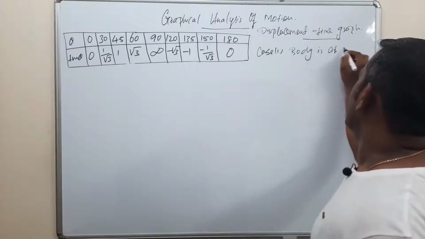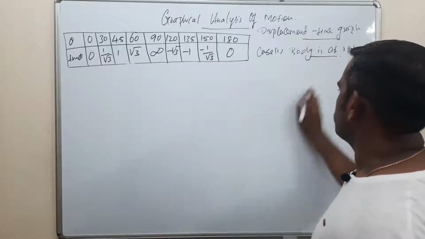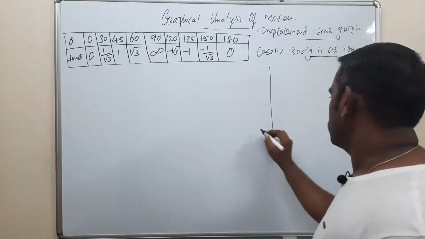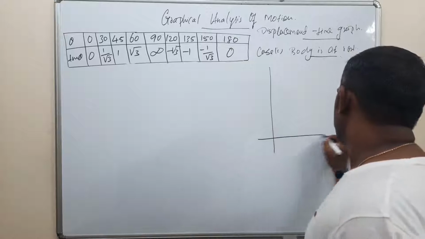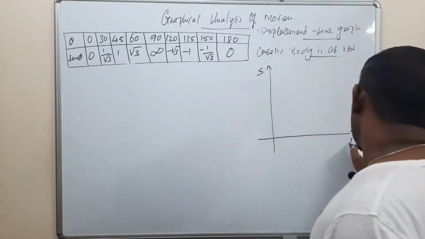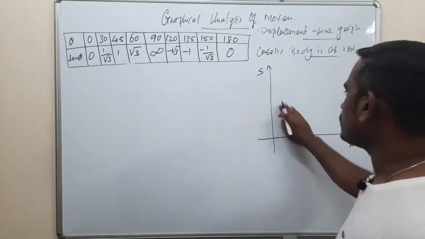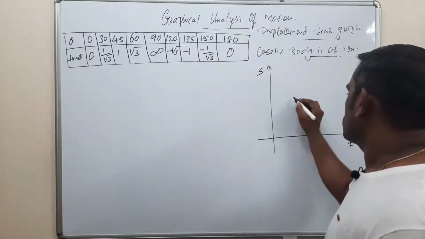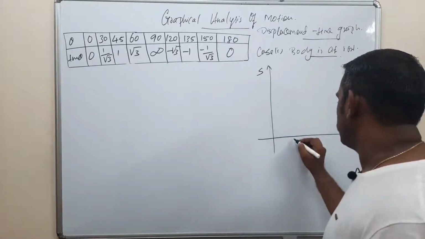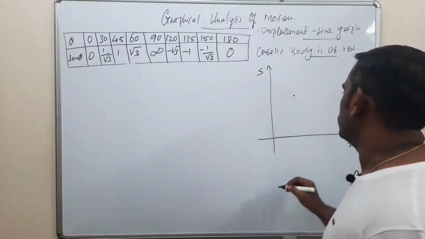How do we draw the displacement time graph for a body at rest? Displacement versus time. At a time t1, the body is at a particular position.